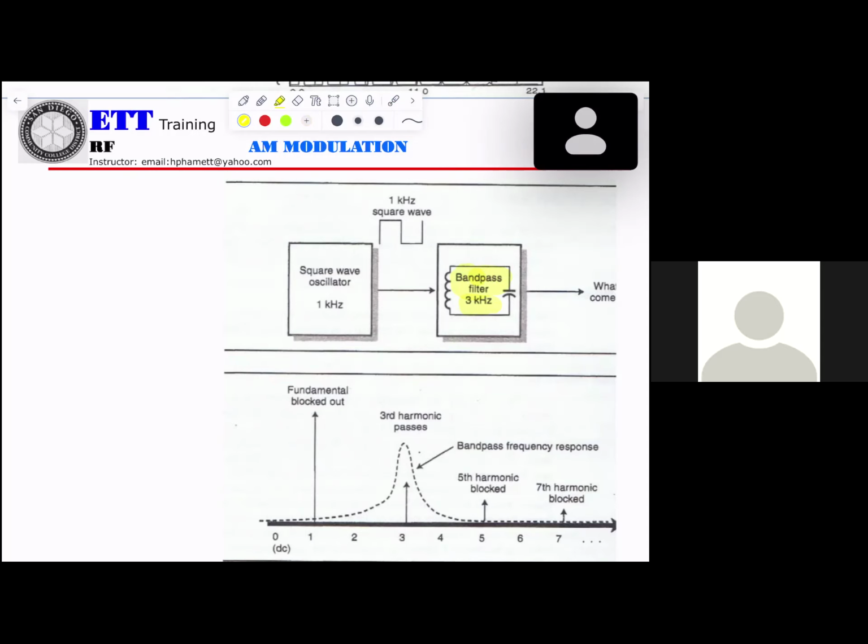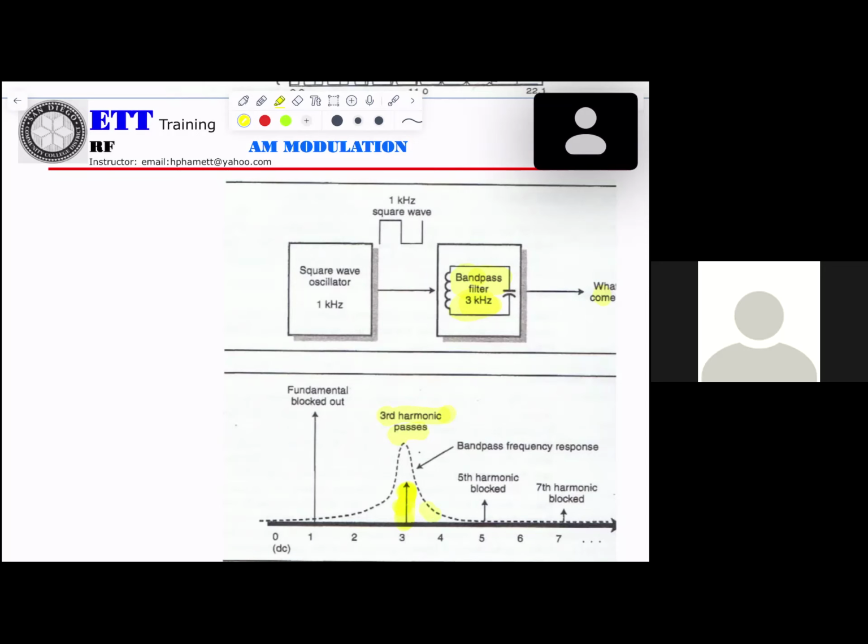They're telling you, no matter what frequency comes in, what comes out must be 3 kilohertz. Other frequencies are not allowed to come out. And this will be displayed on the spectrum analyzer. Only the third harmonic is present.